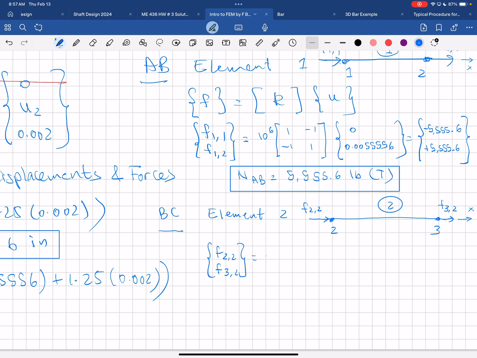These are equal to 10 times 10 to the power 6 multiplied by the matrix 1.25, minus 1.25, minus 1.25, and 1.25, multiplied by the displacements: displacement at 2 is 0.0055556 and displacement at 3 is 0.002.